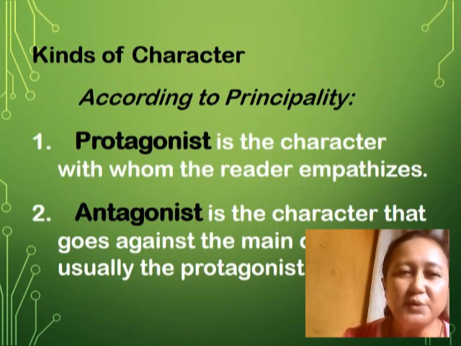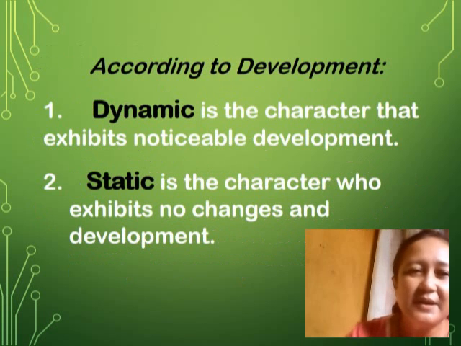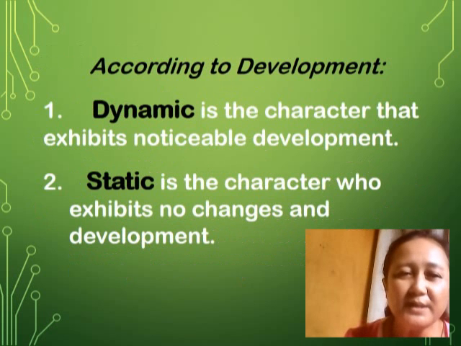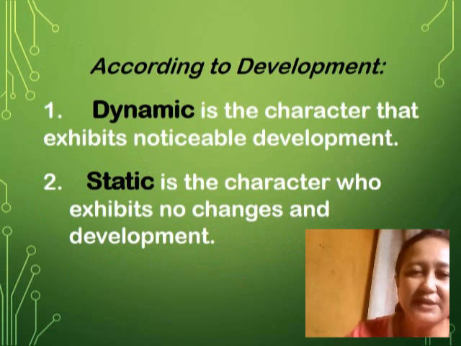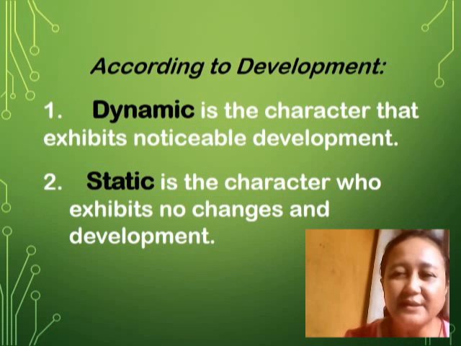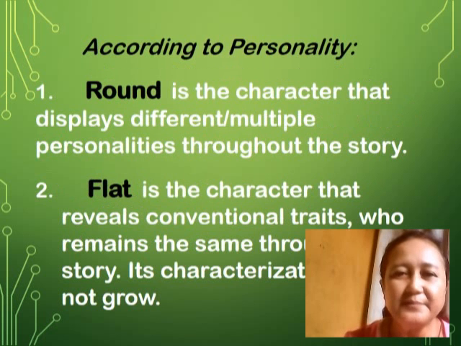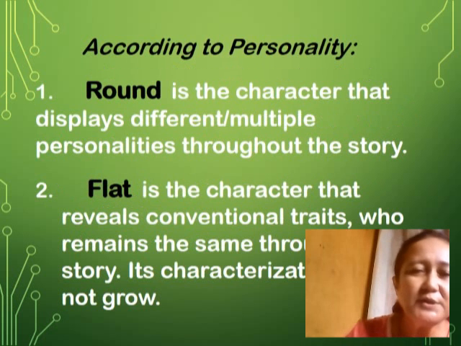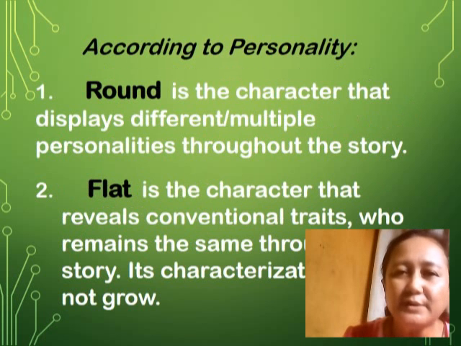And then, of course, we know about kinds of character according to principality. We have the protagonist and the antagonist. According to development, we have the dynamic and static development. So static, of course, does not change from beginning to end. And according to personality, we have the rounded or round character, and we have the flat character.